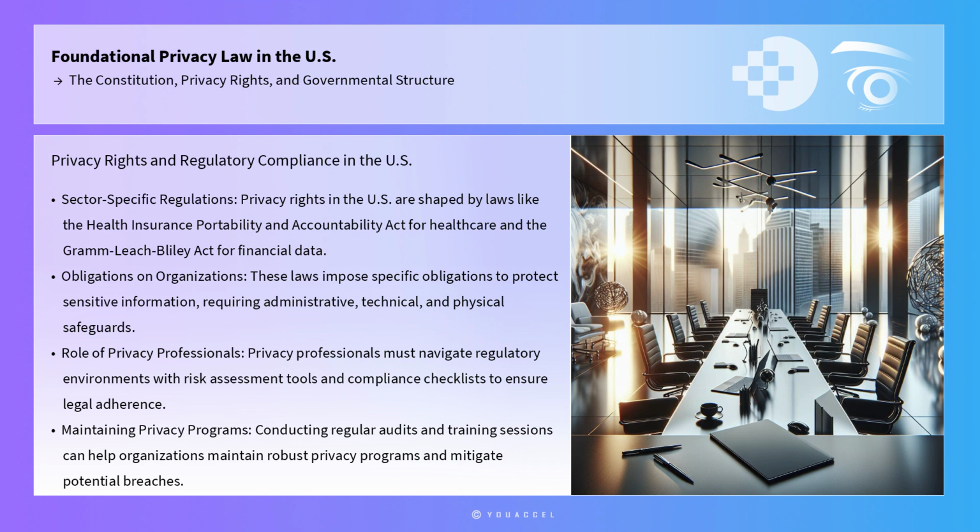Privacy professionals must be adept at navigating these regulatory environments, employing risk assessment tools and compliance checklists to ensure adherence to legal requirements. For example, conducting regular audits and training sessions can help organizations maintain robust privacy programs and mitigate potential breaches.